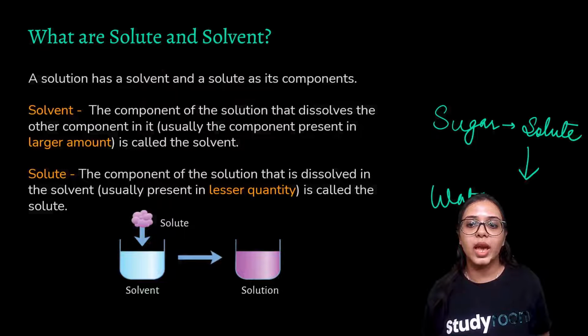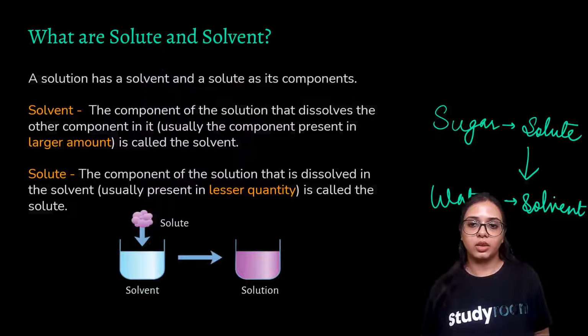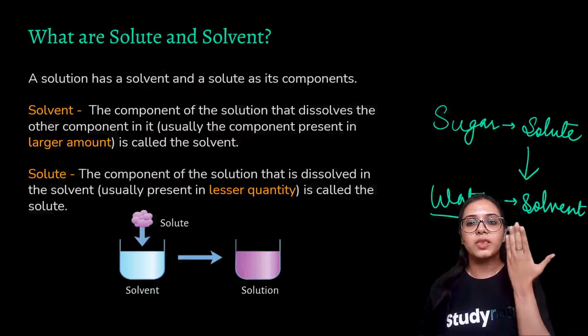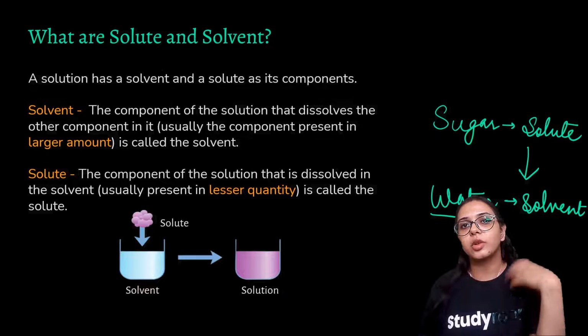Since sugar is being added to water, water is your solvent. And a very important property, I think you may be knowing this, is that water is a universal solvent, right? So water could be taken as a substance in which other particles can be dissolved.